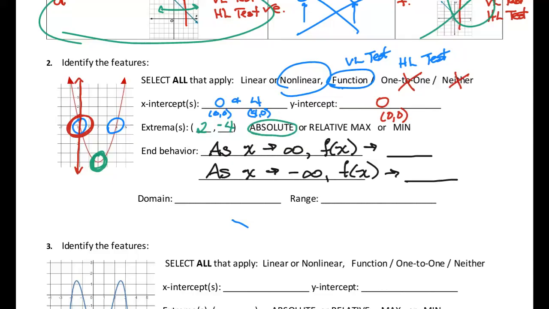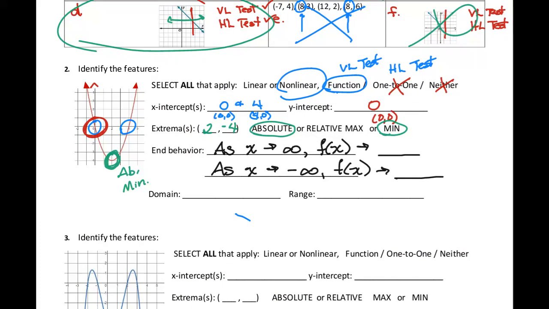Absolute minimum. It's the lowest point, okay? Absolute minimum. It's the lowest point of that graph. Now, don't get confused by my y-axis. If you look at just the graph, that's the lowest point, okay?